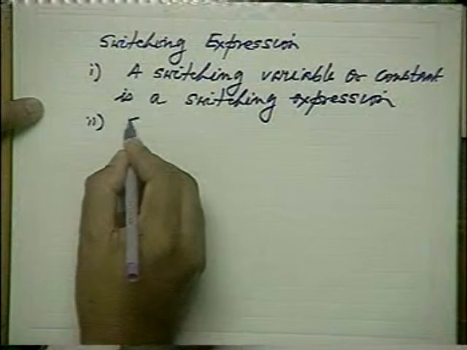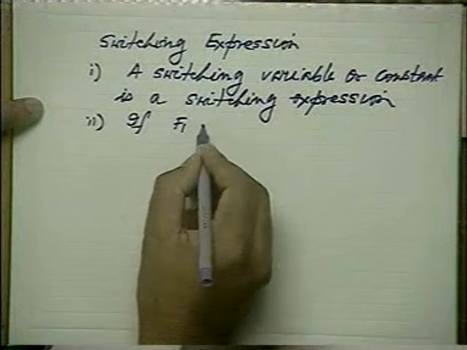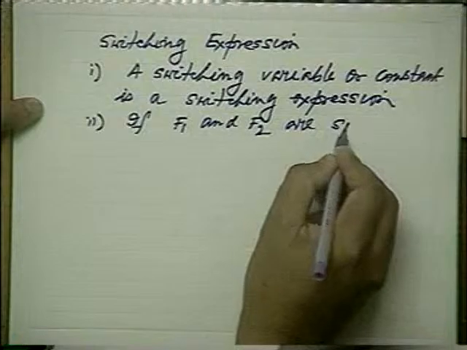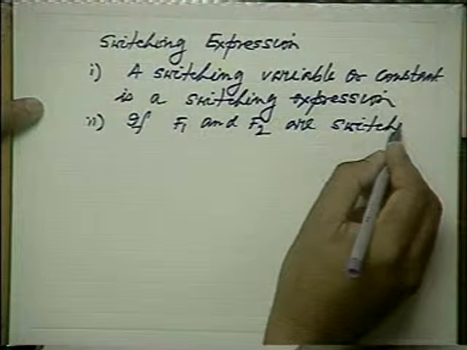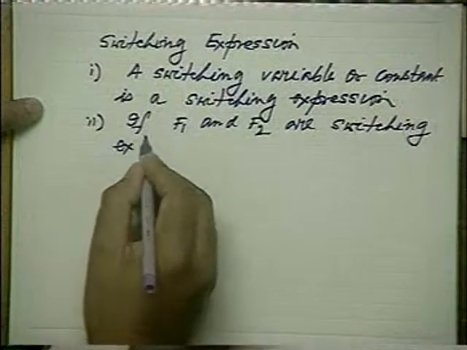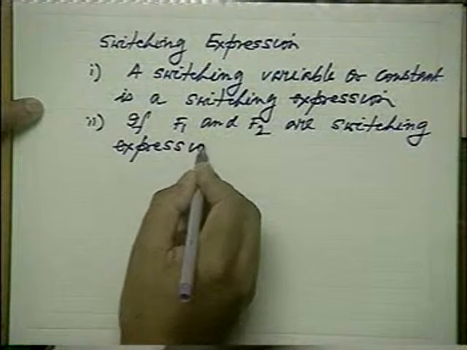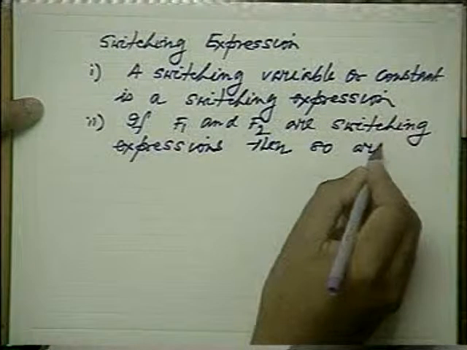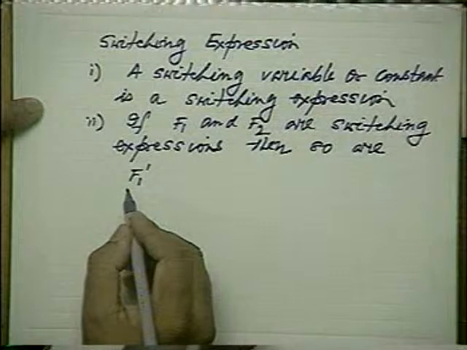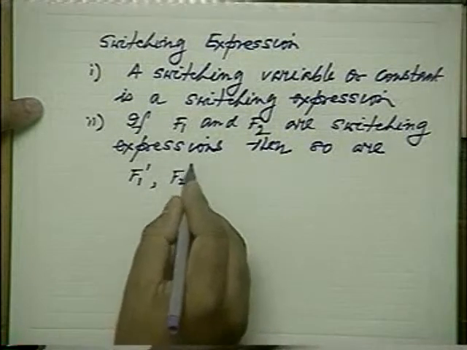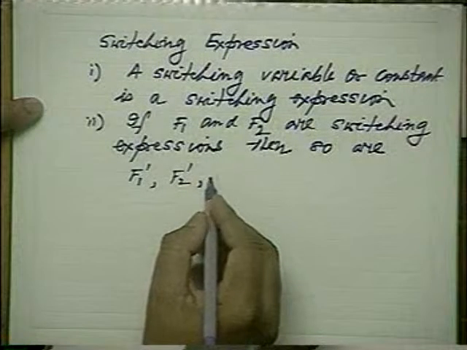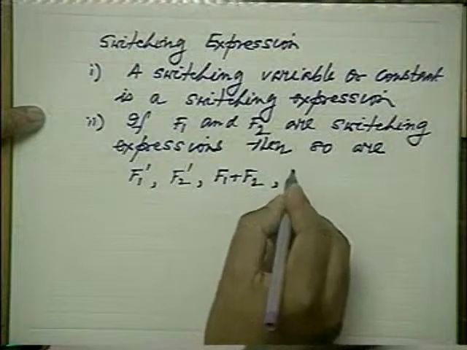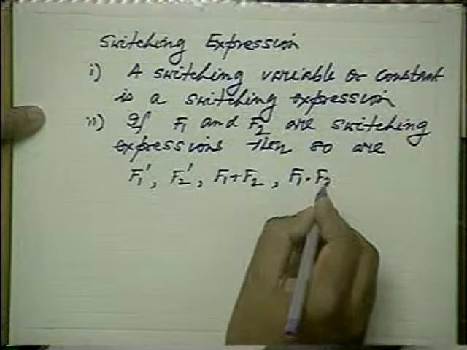Second, if F1 and F2 are switching expressions, then so are F1 complement, F1 dashed, F2 complement, F1 plus F2, and F1 dot F2.